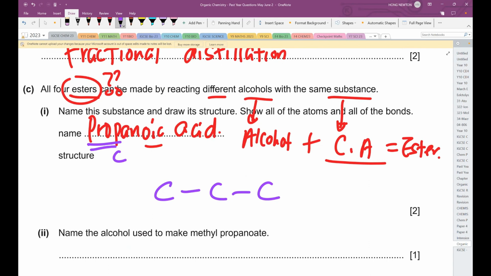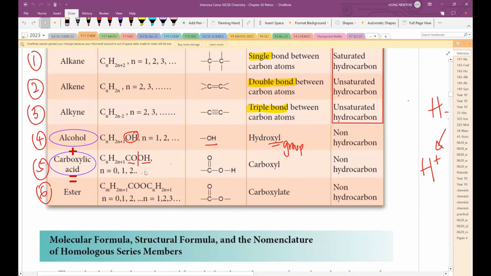Then what are you going to do next? Then link the hydrogen. Because you already know, right? Link the hydrogen. Okay, then this side will be the propanoic acid. So propanoic acid, just now I told you, is what? This one is propanoic acid.